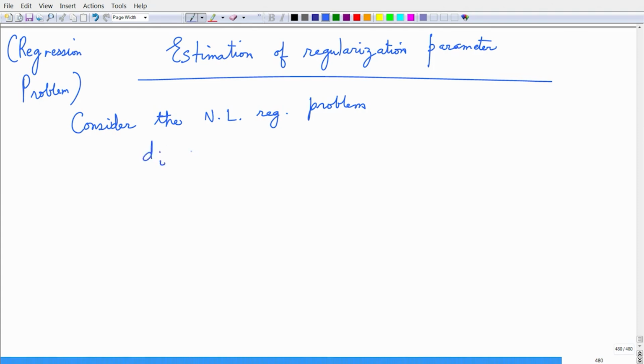Same way, I write d_i is f of x_i plus epsilon_i for points i equals 1 to capital N, where N is the number of data points and f is unknown, the same setup.